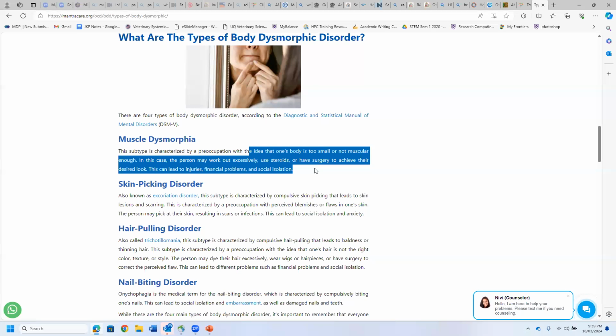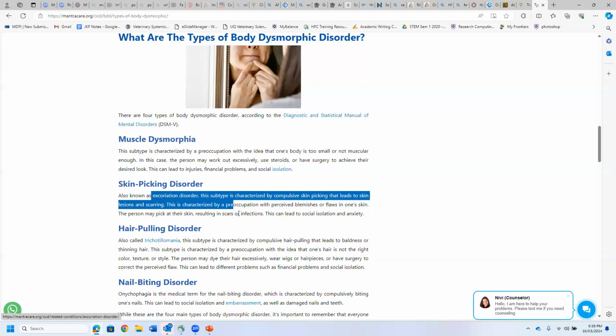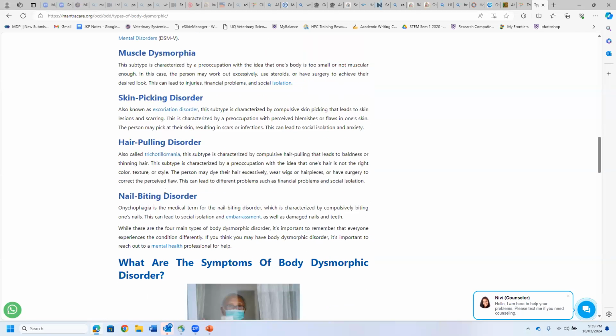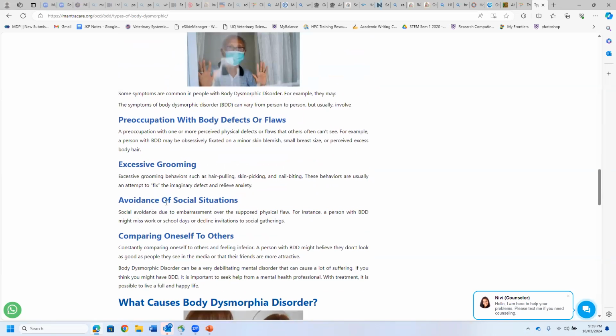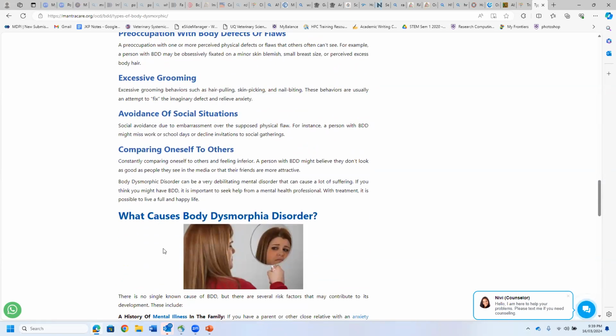So our patient has that. It can be a skin picking disorder, a hair pulling disorder, nail biting disorder. So preoccupation about the defects of the body, excessive grooming, avoidance of social situations, comparing oneself to others. These are all symptoms of body dysmorphic disorder.